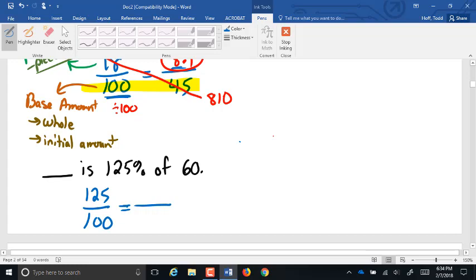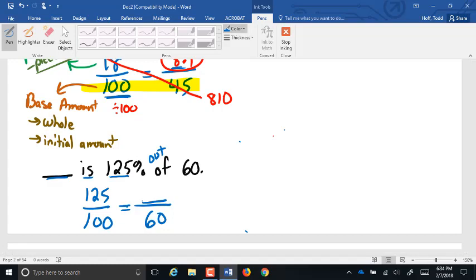Now on the other side, we have two numbers to match up. One that we're given and one that's missing. If we look at this, blank is 125. That implies the blank goes with the 125. Also, the wording is of 60. If again, we look at that as out of 60, it implies the 60 goes on bottom.